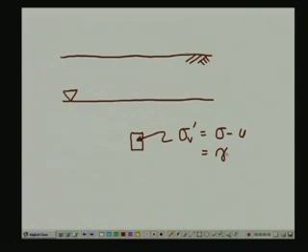For simplicity, we are considering here that the soil is homogeneous and isotropic. So, in this case the entire volume of soil underneath the ground surface is characterized with a unit weight of gamma.